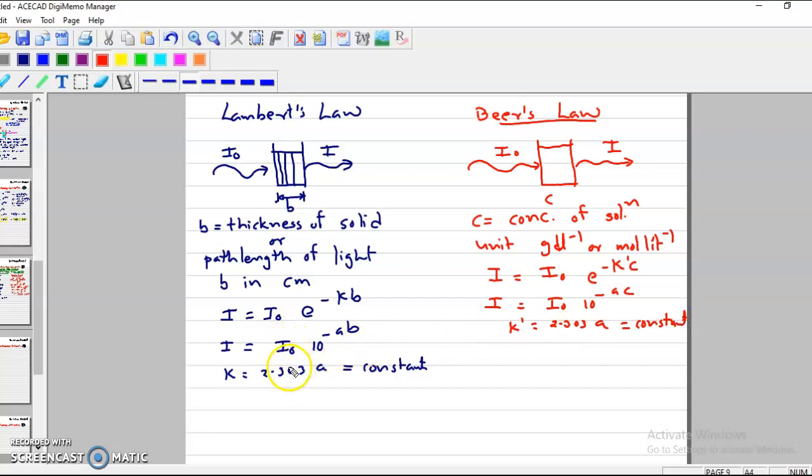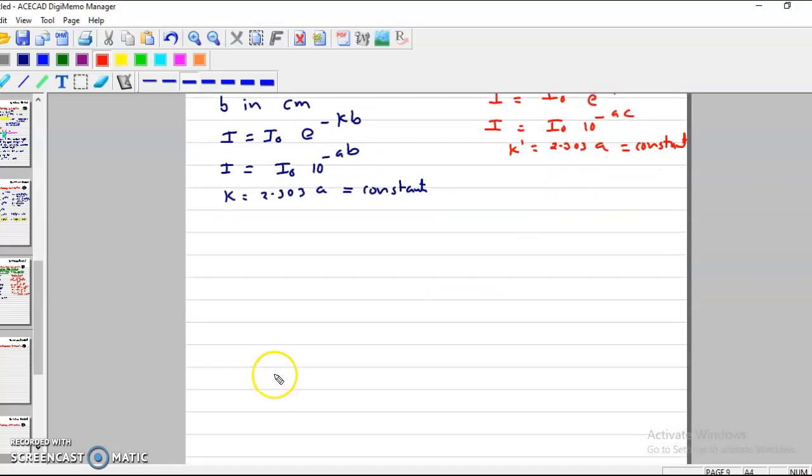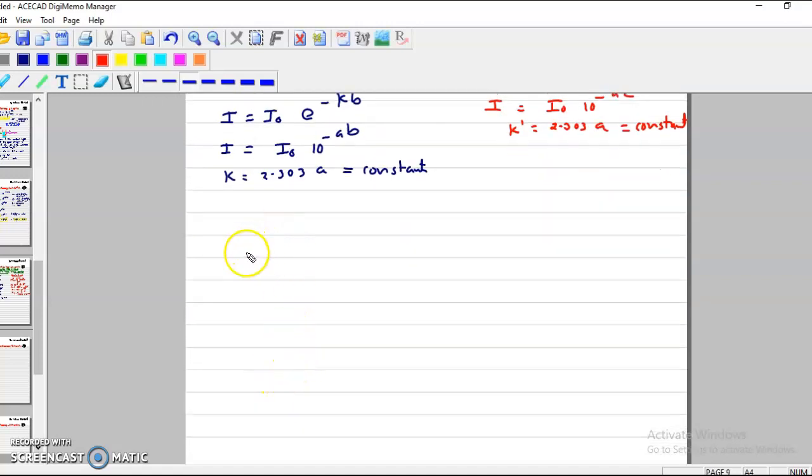So if we see Lambert's law and Beer's law, they are quite close to each other, and therefore we can combine both these laws.